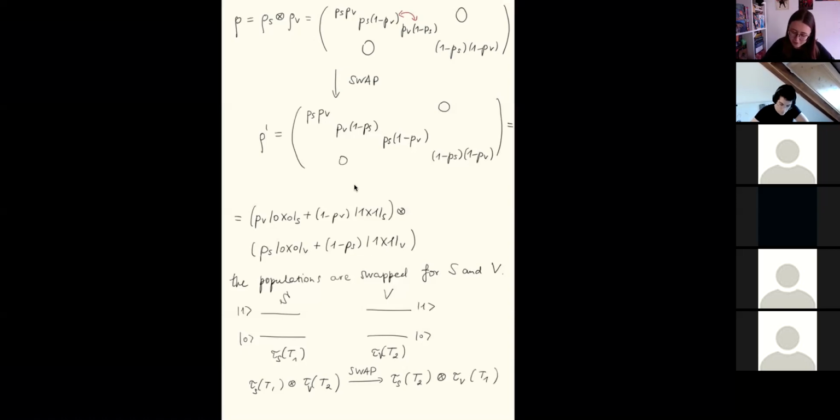If T2 is less than T1, then this operation effectively decreases the temperature of the qubit S, which is called cooling of this qubit S.